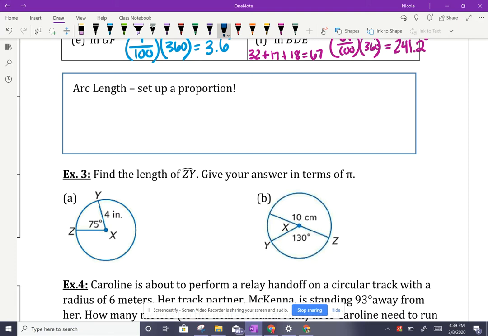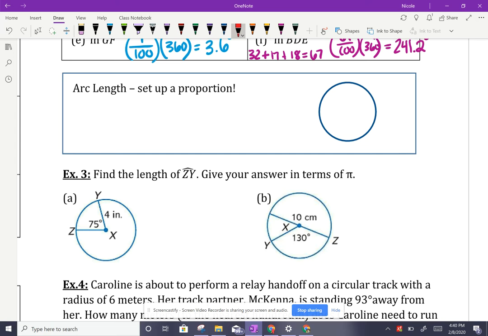So if I have a circle with a point in the center, that's going to be my central point. If I have this arc, I should have done this in a different color.